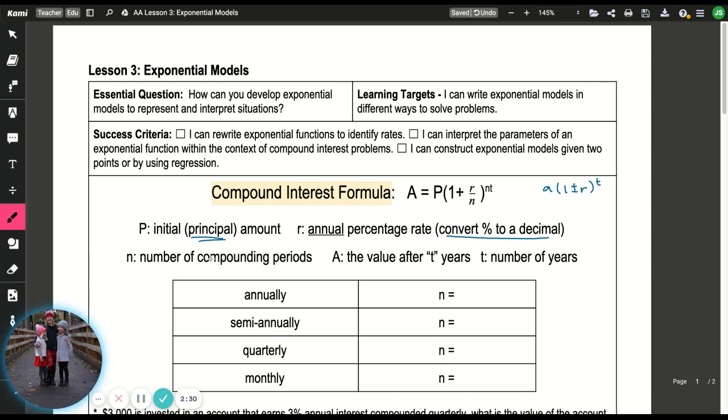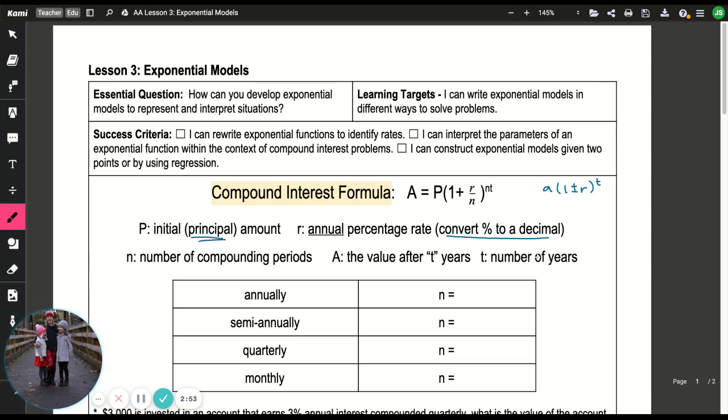So how many times is it compounded per year? They will tell you annually, semi-annually, quarterly, monthly, weekly. They're going to tell you how often. That is n. And then this capital A is how much you have, whatever the value is after a certain number of years, and t is the number of years.